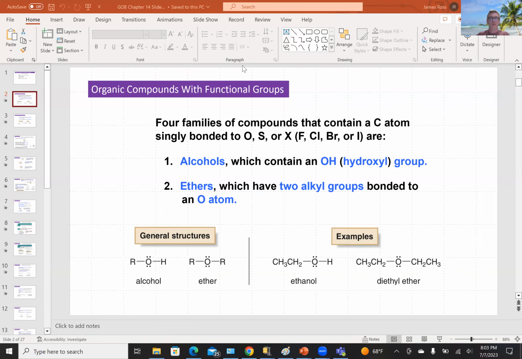Now, functional groups are the accessories of organic compounds, and you can essentially take an organic compound and split it up into the sum of different functional groups. We only look at several functional groups in GOB, but there are many, many functional groups that exist that we won't look at in GOB.